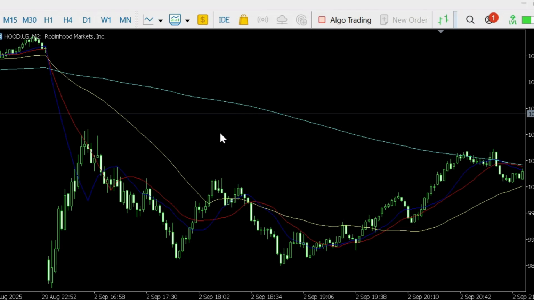So it plays a supportive or resistance role. Whenever you see it on top of any price action, get ready to place a sell trade, and definitely you are going to win. And when you see it below the bottom of any price action, get ready to place a buy trade and you will win. So let's check it out and see.